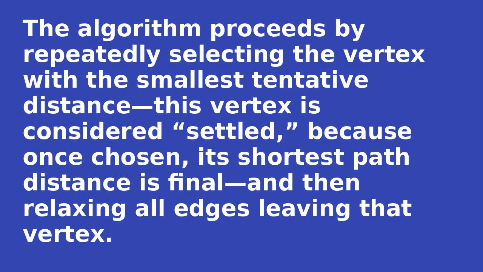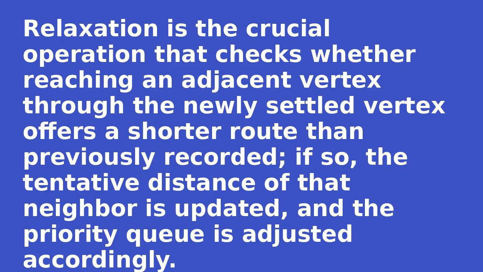This vertex is considered settled because once chosen, its shortest path distance is final, and then relaxing all edges leaving that vertex. Relaxation is the crucial operation that checks whether reaching an adjacent vertex through the newly settled vertex offers a shorter route than previously recorded.